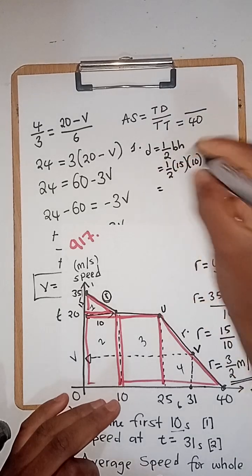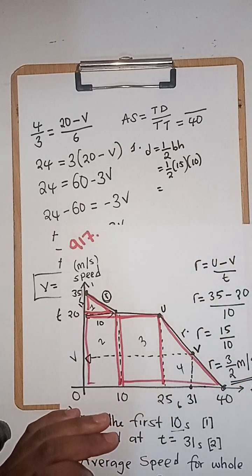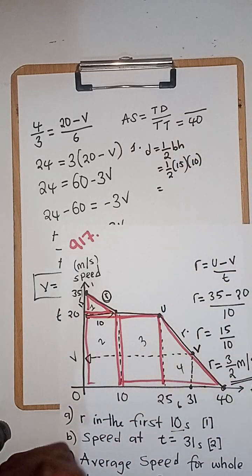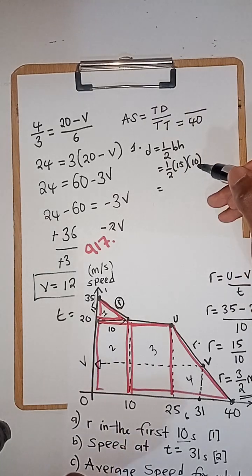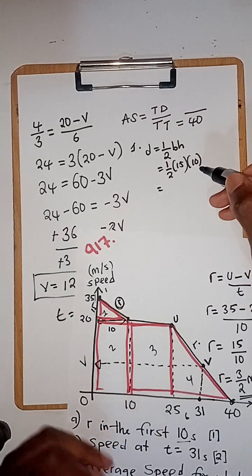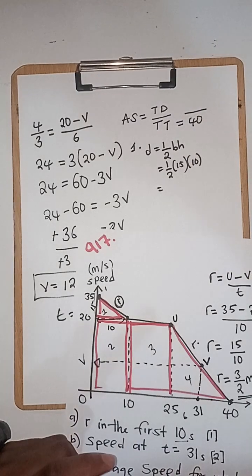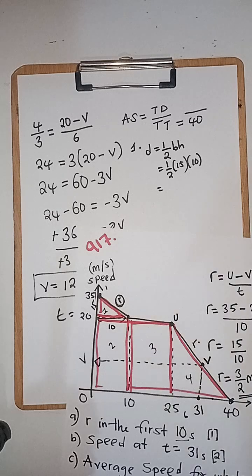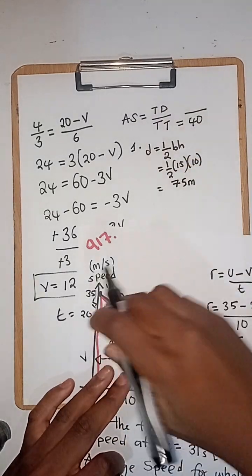There are many ways you can simplify this, but this is the simplest one. We're going to say half times 10 is 5. Now 5 times 15 will give us 75. So here we're going to have 75 meters for the first shape.